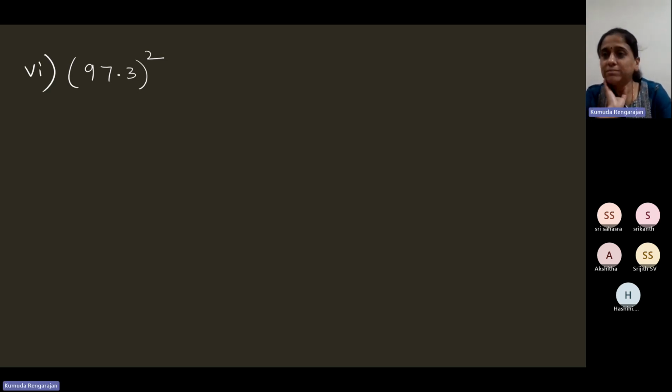Yeah, Navneet, what's the first step? The whole square. 100 minus 2.7 the whole square. So that's of the form... 97. Of which form? Which identity?